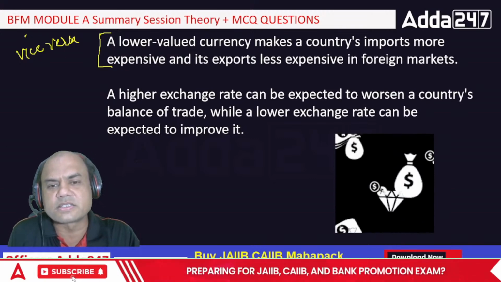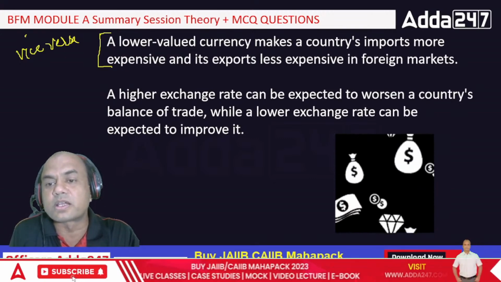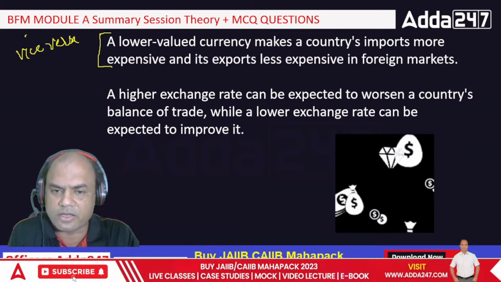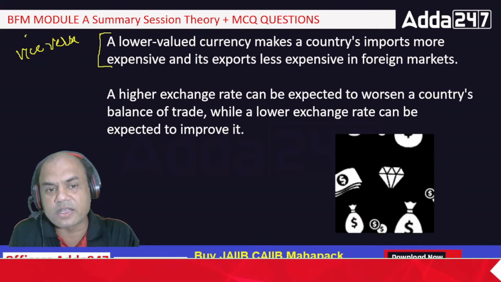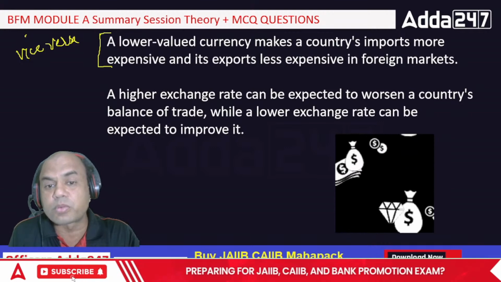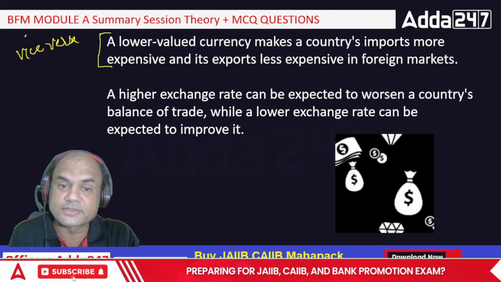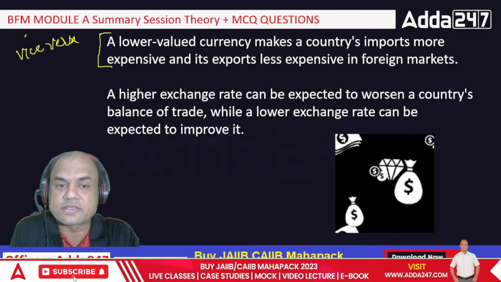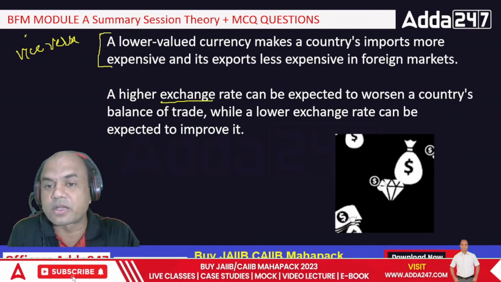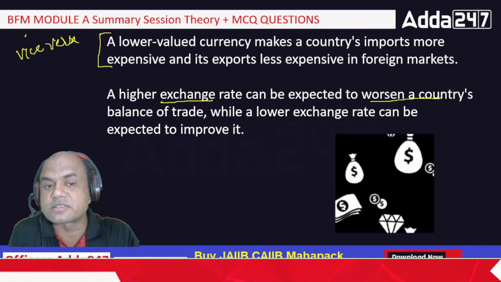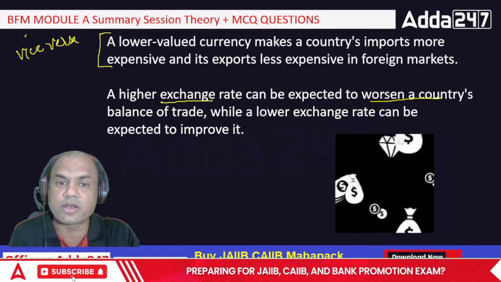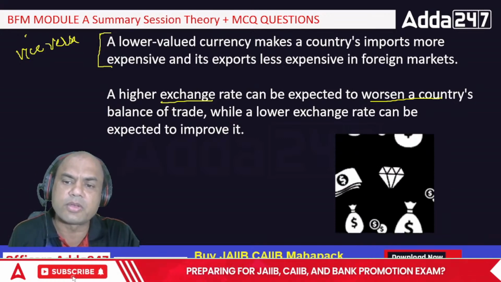A higher exchange rate can be expected to worsen a country's balance of trade, while a lower exchange rate can be expected to improve it. What do you mean by this?